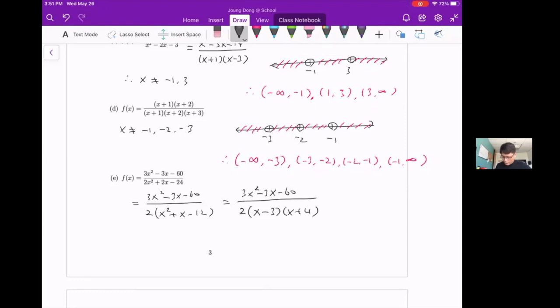So we found x cannot be equal to 3 and negative 4, okay? Then on a number line, negative 4 is out and 3 is out. So we have 3 sections like that, okay? So the interval notation must be minus infinity to minus 4, minus 4 to 3, and 3 to infinity.